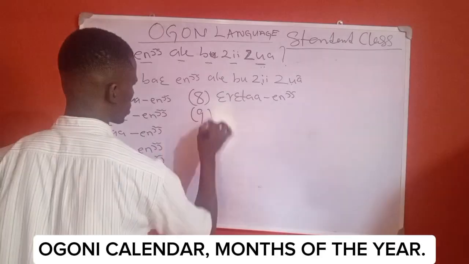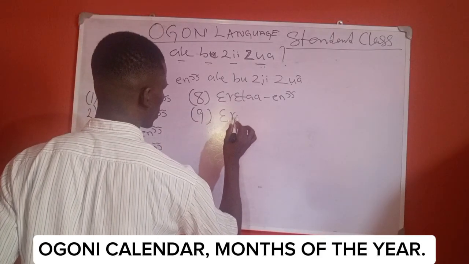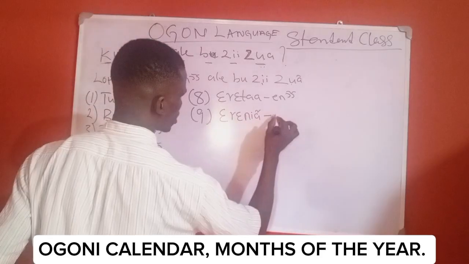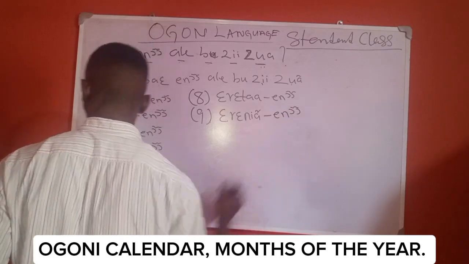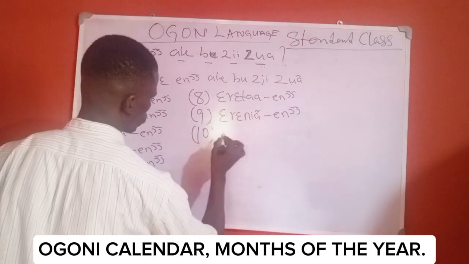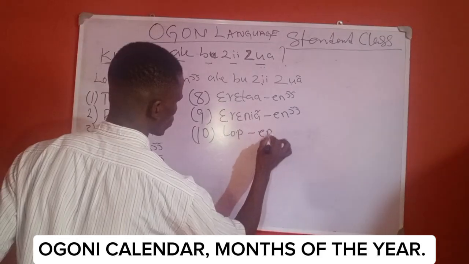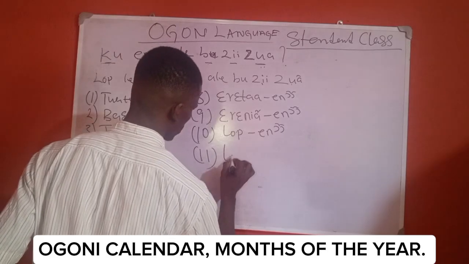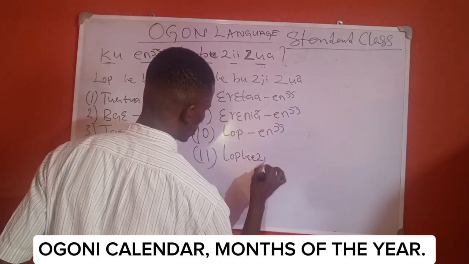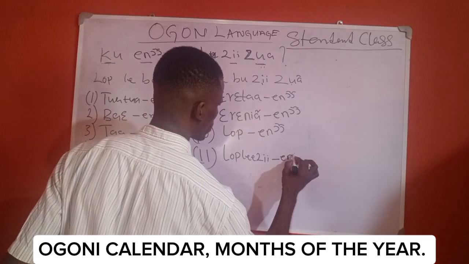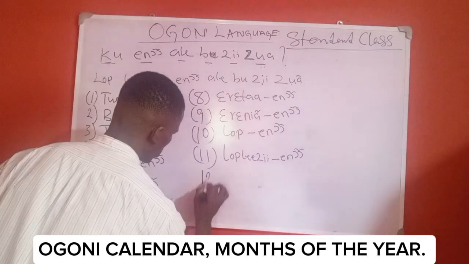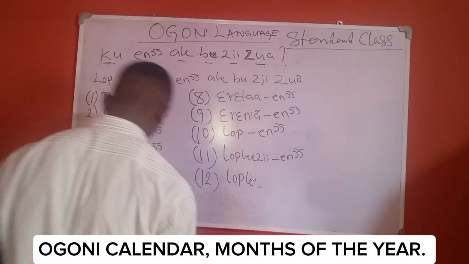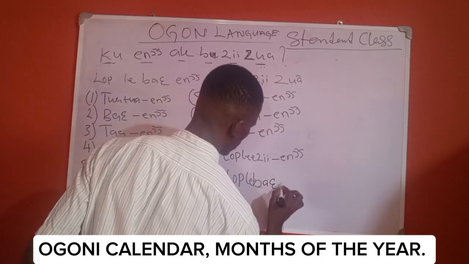We have 9, which is elenia eno. Then we have 10, which is loop eno. Then 11, loblezin eno. We have the final one, which is 12, lobleba eno.